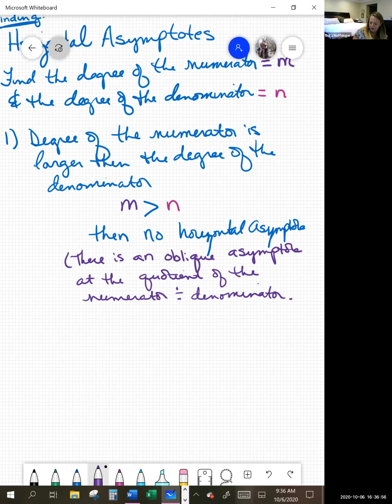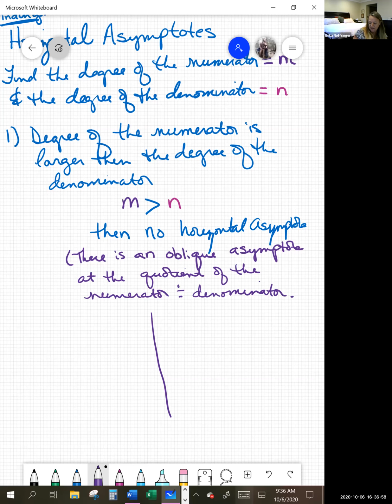Basically what's happening is you might have a line where your graph is getting closer and closer to that line as it goes off to infinity.